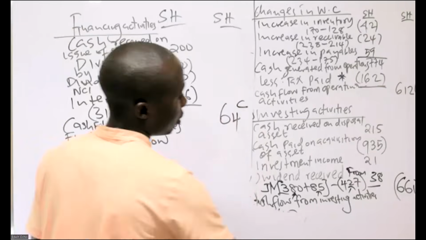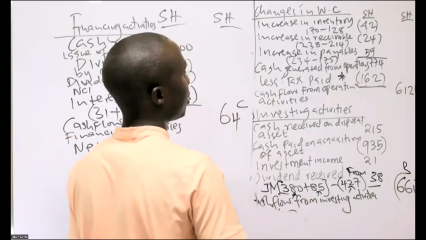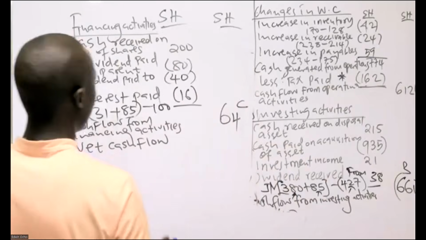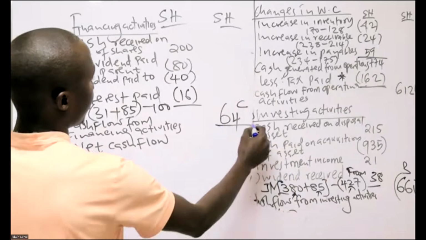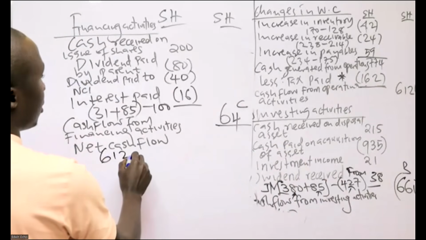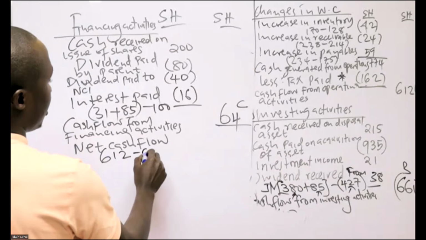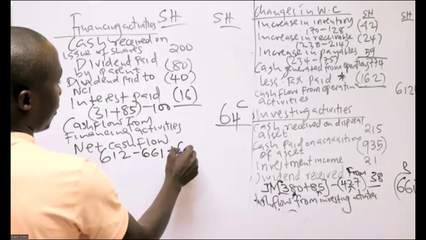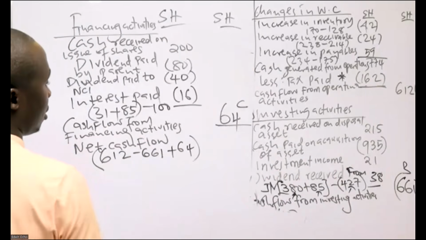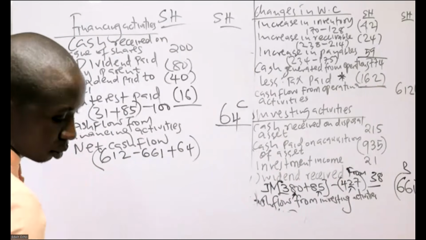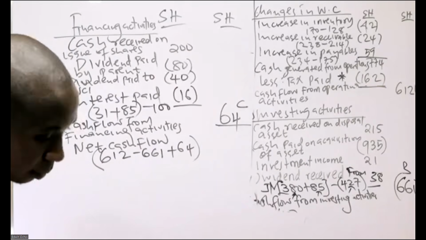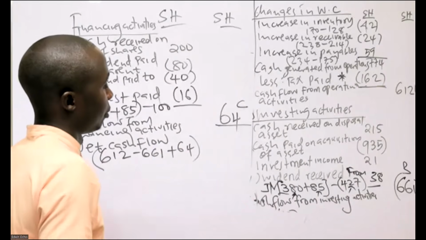So this is C. This one was B. For investing, this one was A. So net cash flow will be 612 minus 661 plus 64. What do you have? 15.